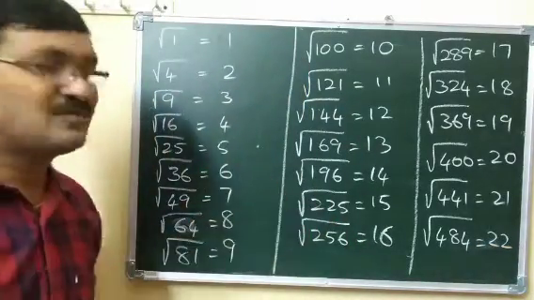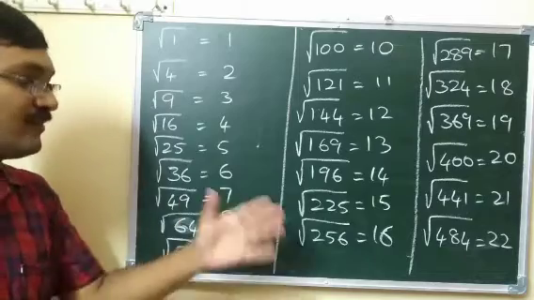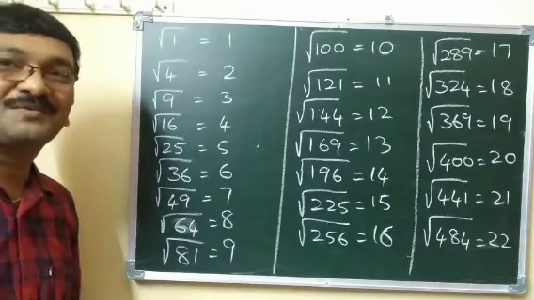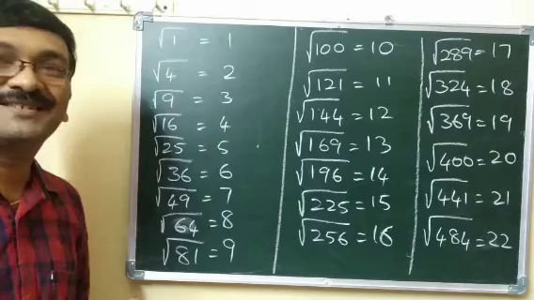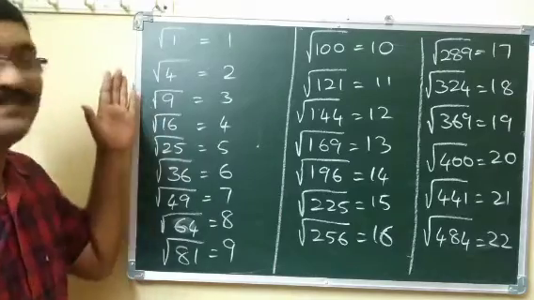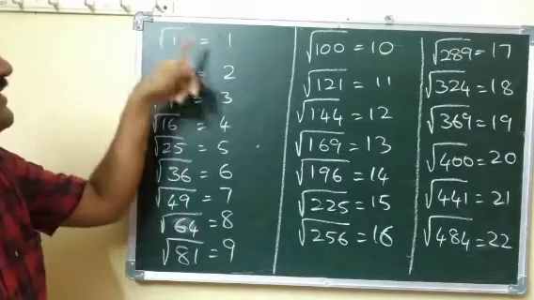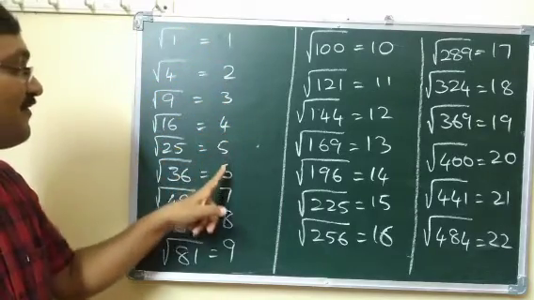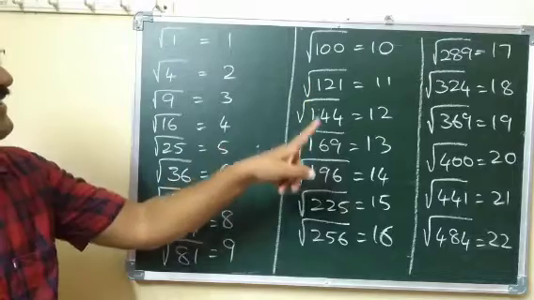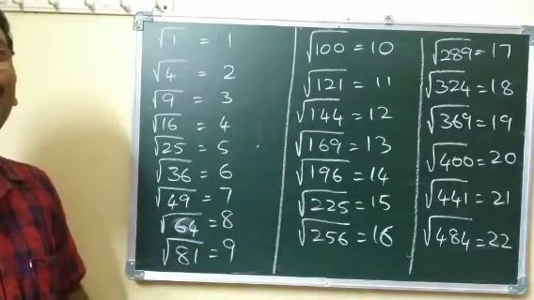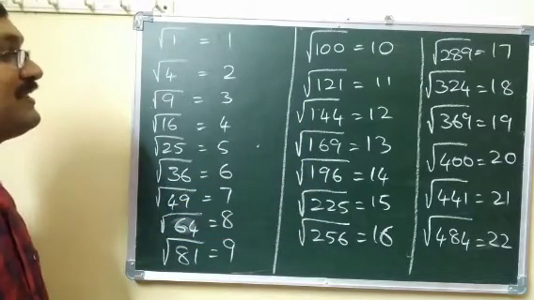As well, you can write up to how many answers, that depends upon you. If you are able to remember, then you can write. Got an idea? Here, once again you can check the unit digit. See, 1, 2, 3, 4, 5, 6, 7, 8, 9, they are coming serially. There you want to remember the logic.